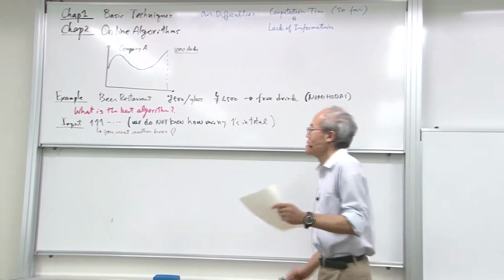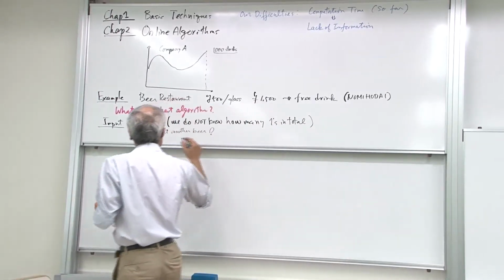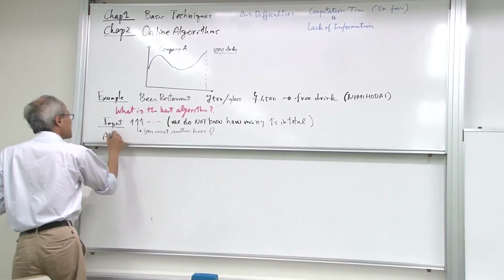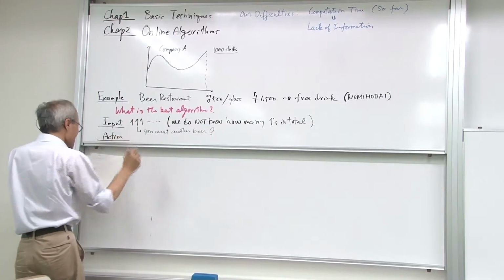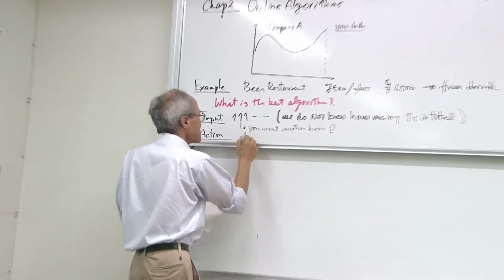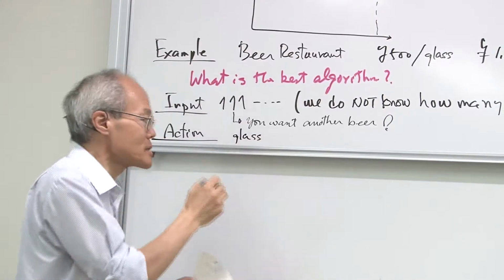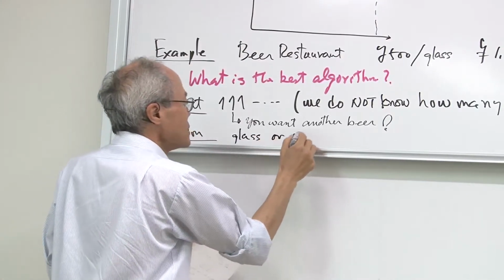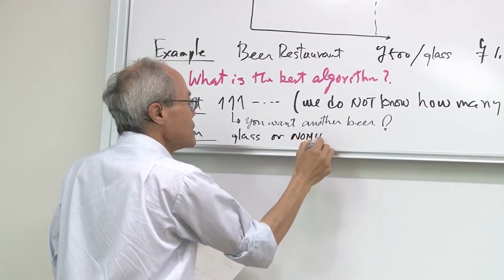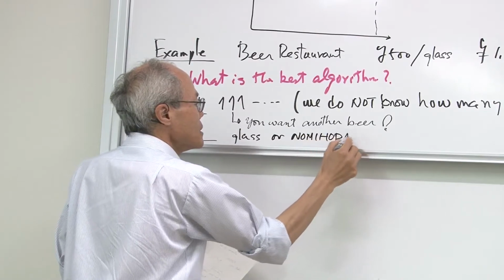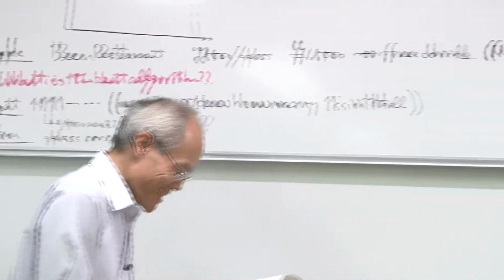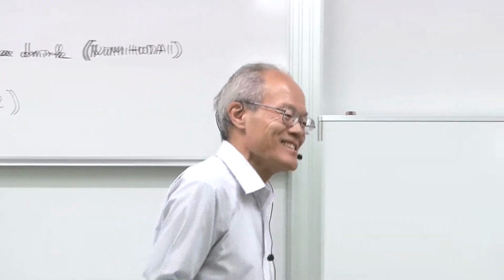Your action is, of course, to order another glass or 飲み放題. Usually, in reality, you decide to order by glass or 飲み放題 at the beginning.